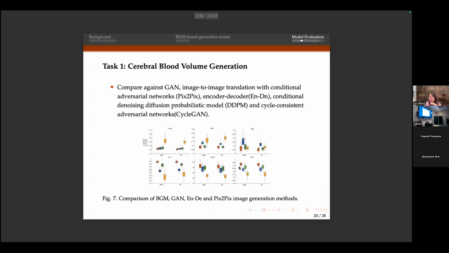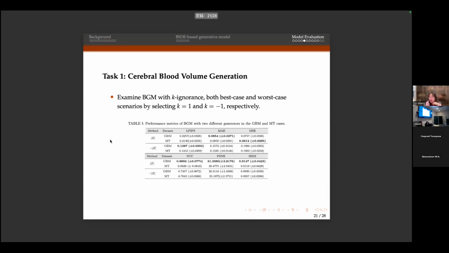The second result is that we compare against other existing work, and we can see that this BGM is also the best. The following result is about different BSDE forms, that is to say we let K be 1 or -1, and we can see the performance.